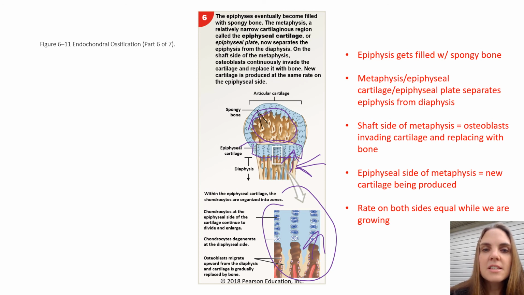On the epiphyseal side, so on this side, new cartilage is being formed at the same rate that the cartilage is being replaced with bone on the opposite side. While our bones are growing, this rate of production of new cartilage and conversion of cartilage to bone occurs at the same rate.